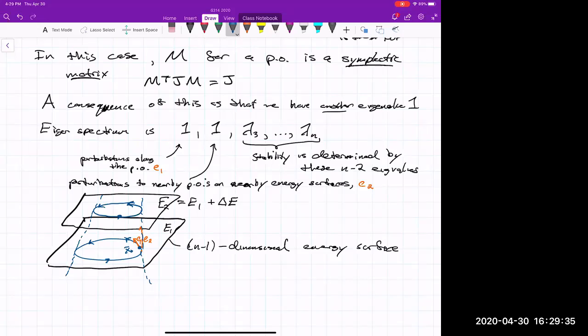So does that mean a necessary condition to write a system canonically with a Hamiltonian is that your periodic orbits cannot be isolated? So if you have a system that has an isolated periodic orbit, it cannot be written as a canonical Hamiltonian system.